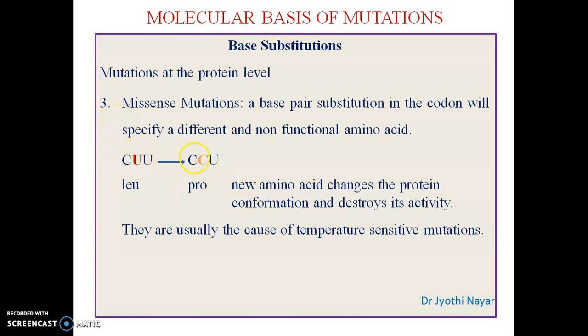Now U is substituted by C. Both are pyrimidines, hence it is a transition mutation. The new amino acid will change the protein conformation and destroy its activity. Missense mutations are usually the cause of temperature-sensitive mutations.